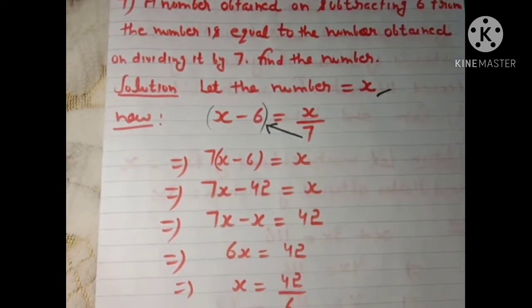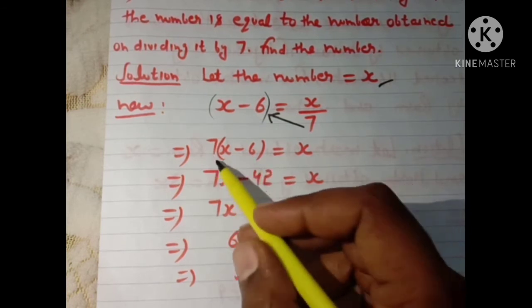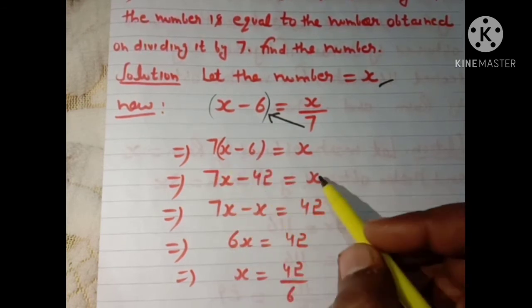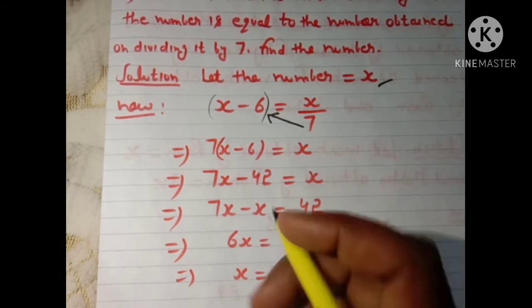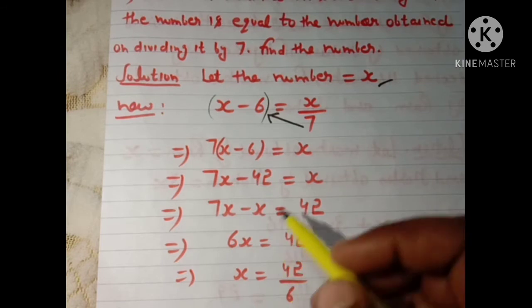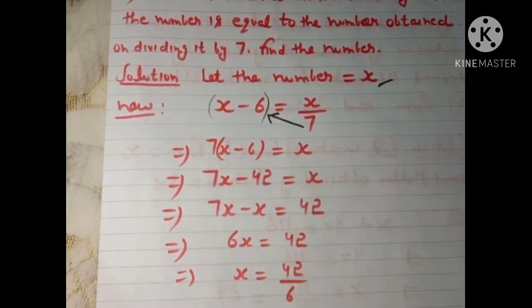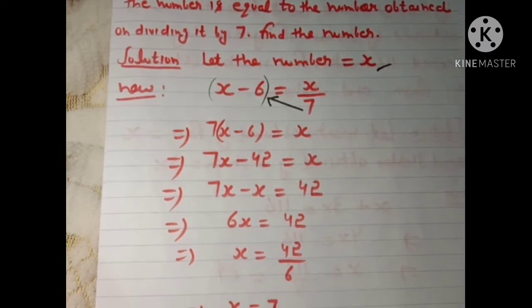Now multiply this 7 with each term in the bracket, then it will become 7x minus 42 is equal to x. Then transpose this variable term to the left hand side, it will become 7x minus x, and this minus 42 to the right hand side, it will become 42.